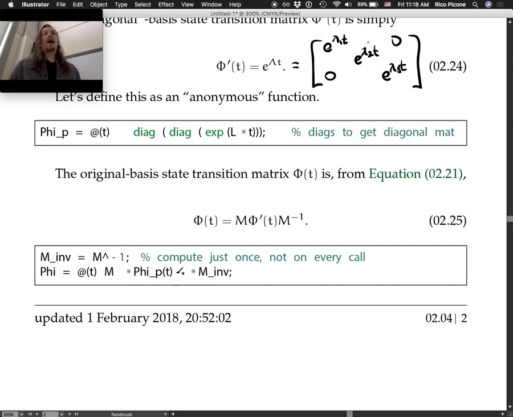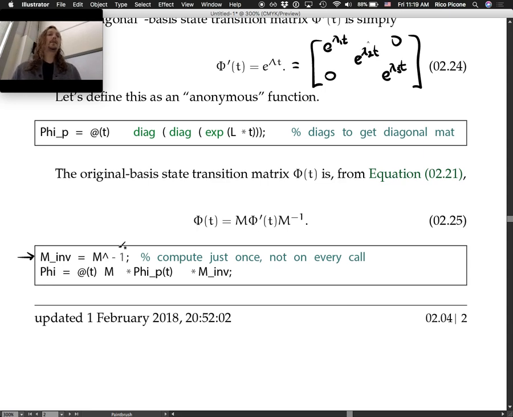Now, I did this little efficiency thing here. So if I call phi a bunch of times and I stuck in M inverse, I could have just put M inverse right here instead of having to do 2 steps where I compute M inverse and then plug it in. But then every single time I called that function, it would have to do that matrix inverse, right?